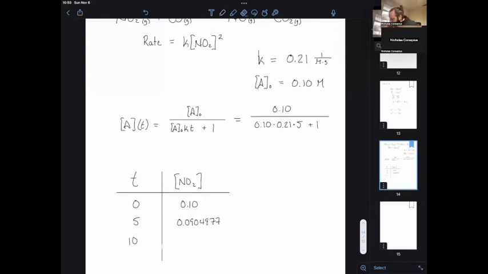Okay, so then I'm just going to take this equation here, and again, I'm going to plug in my initial concentration of A. I'm going to use my value for K. And now I'm going to use the time point, 10 seconds, in for T. So same thing, but instead of 5, we're going to do 10.